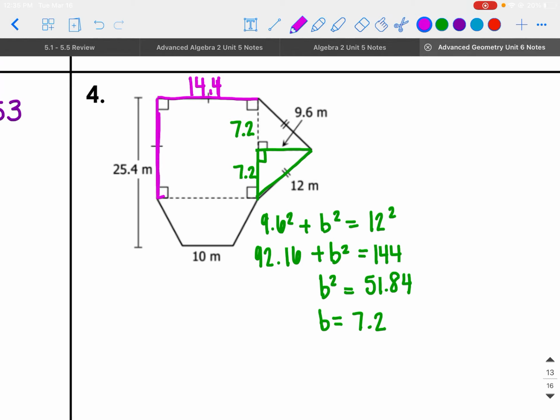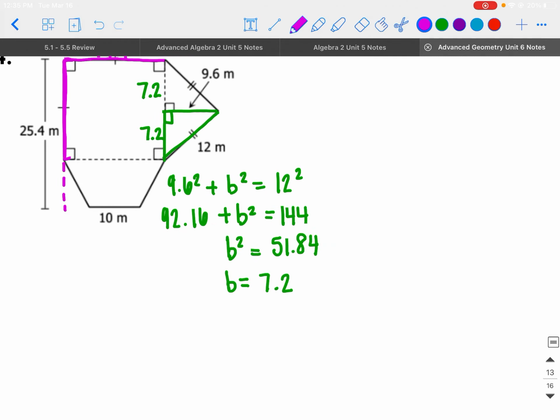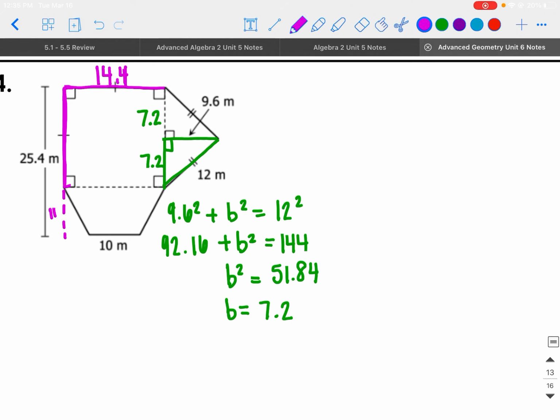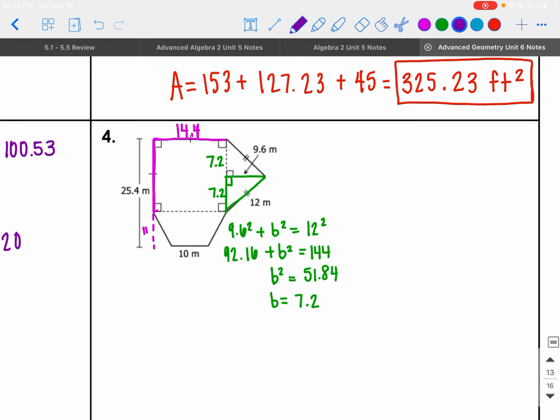So if this is 14.4, then the rest of this length, which is the height of the trapezoid, has to be 11, because 11 and 14.4 make 25.4. So now I might have everything.